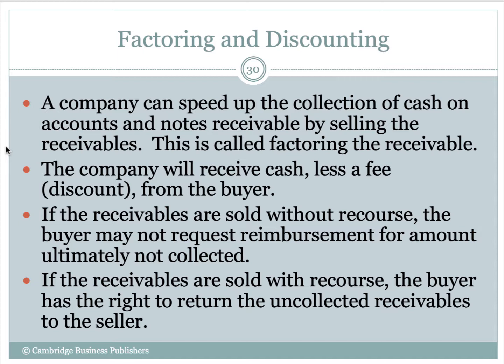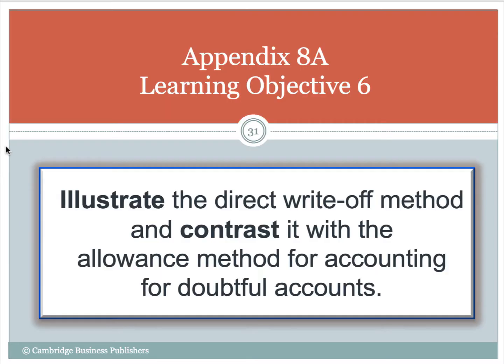Let's use the same example. I give you $480,000, you give me $500,000 worth of receivables. I collect, and $50,000 of those are deemed uncollectible. Guess what? I return them to you. That's the difference.